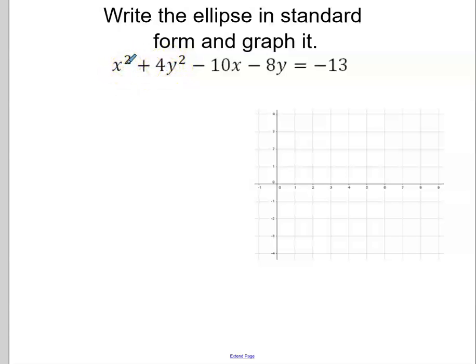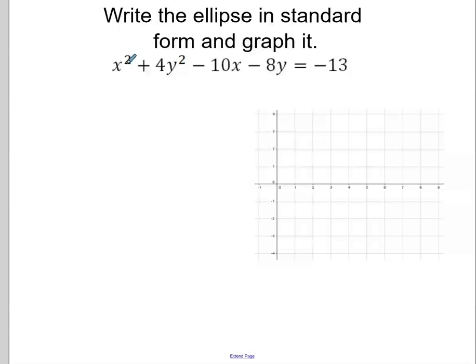Okay. There will be instances where one of them would be negative, and that's going to be a different type of conic section that we'll talk about in a later section. So you've got the x squared and the y squared, they're both positive. The other piece that tells you that this is an ellipse, so with just those things, with the x squared and the y squared both being positive, it could be an ellipse or a circle.